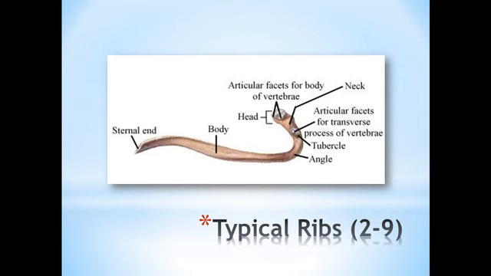Then we have the tubercle, the rib angle, the body of the rib, and the sternal end, and that's typical for ribs 2 through 9. Ribs 2 through 9 are what we consider to be the typical ribs.